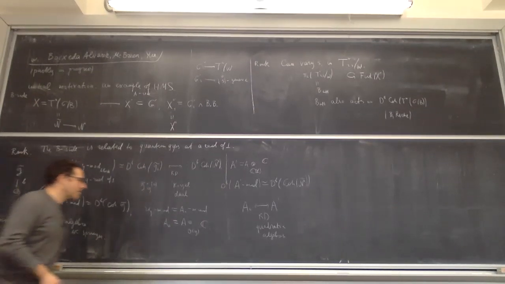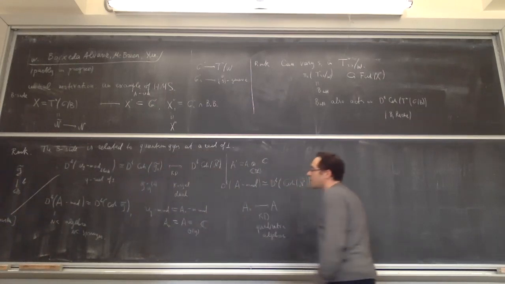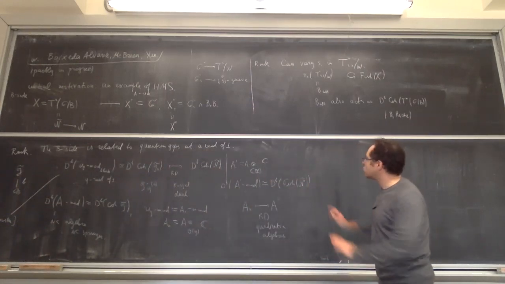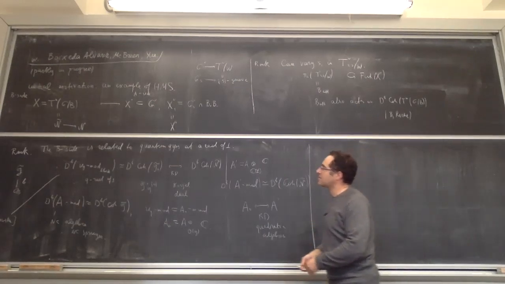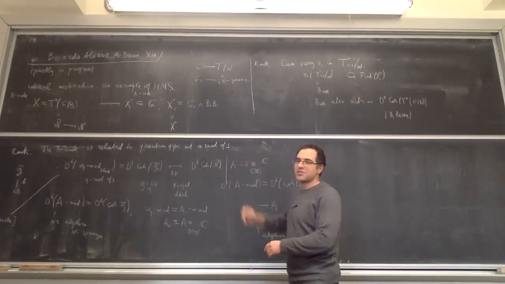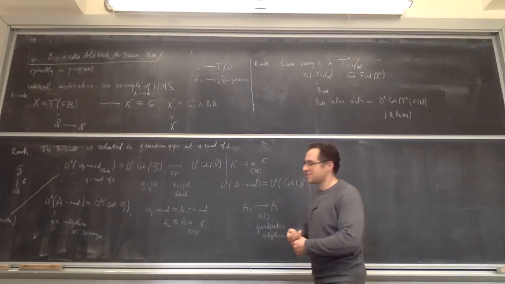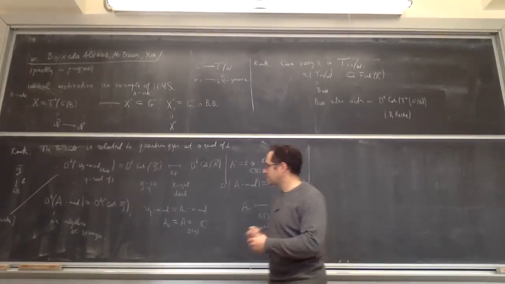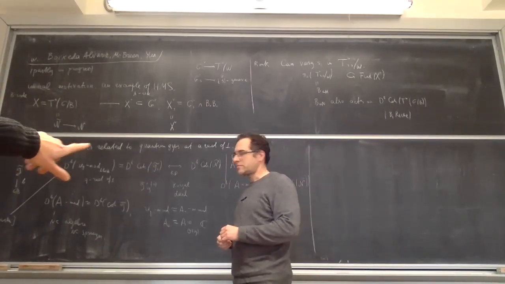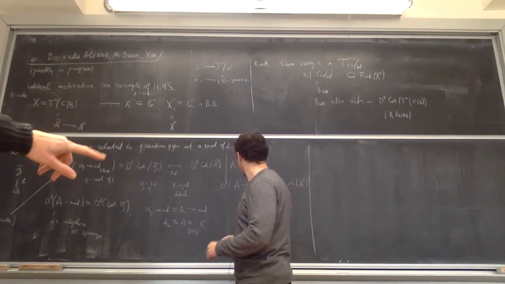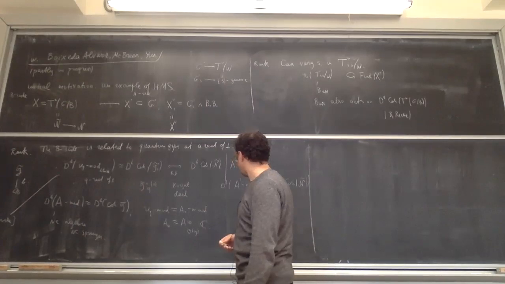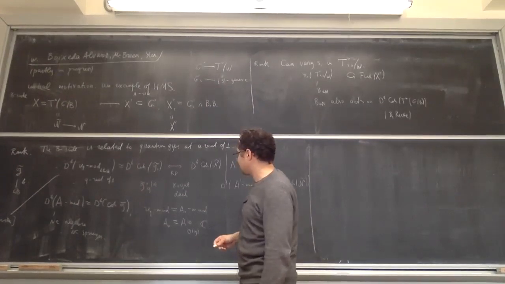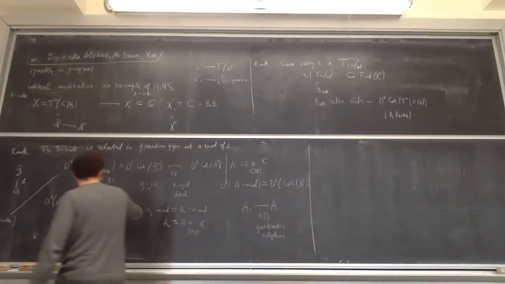But anyway, let me mention one concrete fact that's consistent with this. Can I just ask one more question? The fact that these derived categories of A modules are the same as coherent sheaves, is this in the sense of A being the endomorphism algebra?